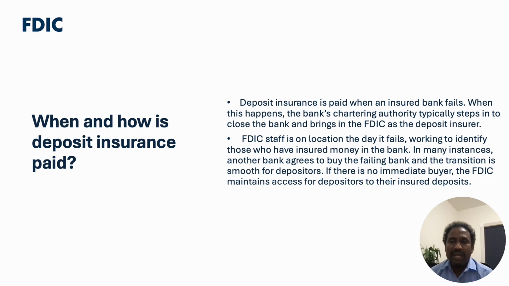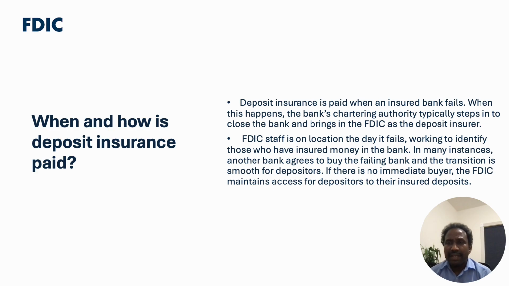But when the bank fails, the FDIC extracts all the data as of that day, the latest day, so they have all the information. Then the FDIC will calculate, based on the location and the day it fails.